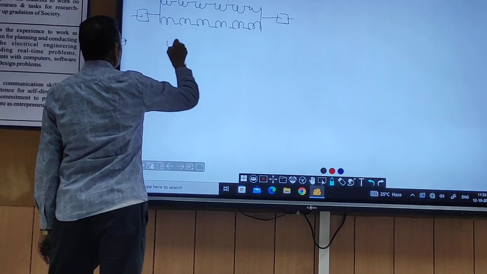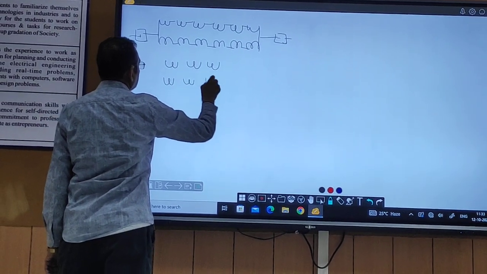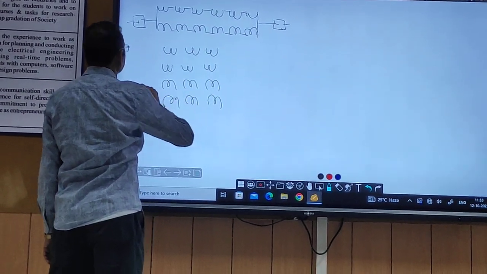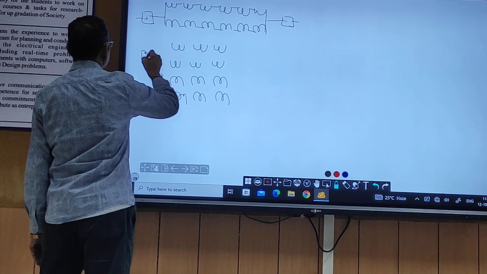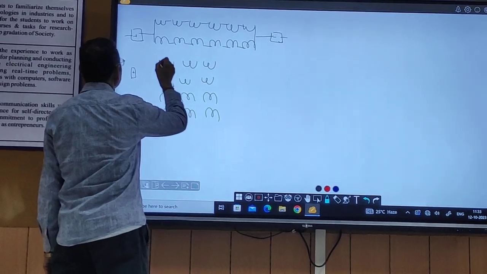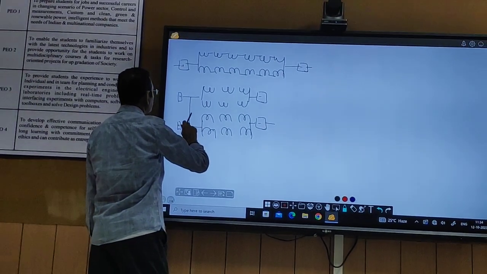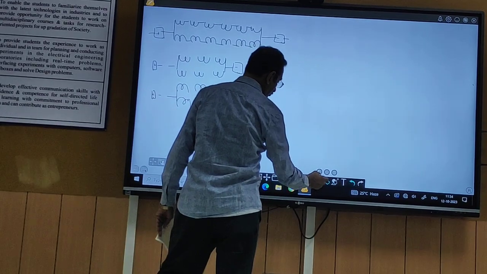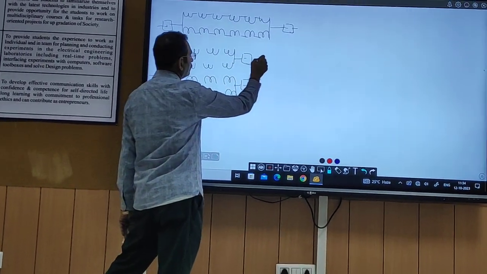Okay, and 1, 2, 3, 4, 5, 6. There are 4 verses. Possibilities are there.